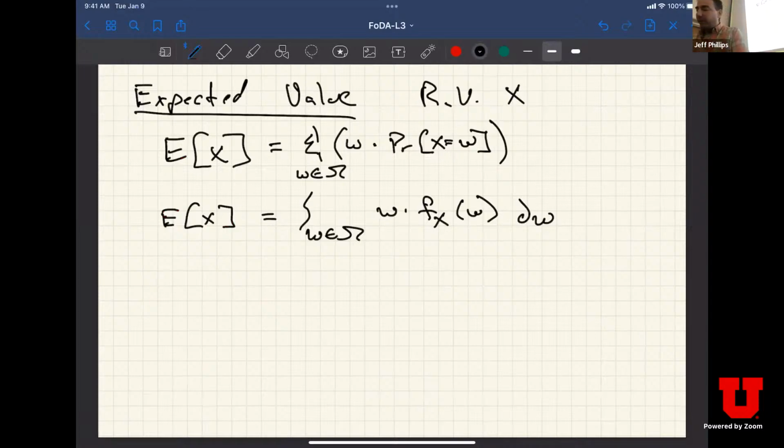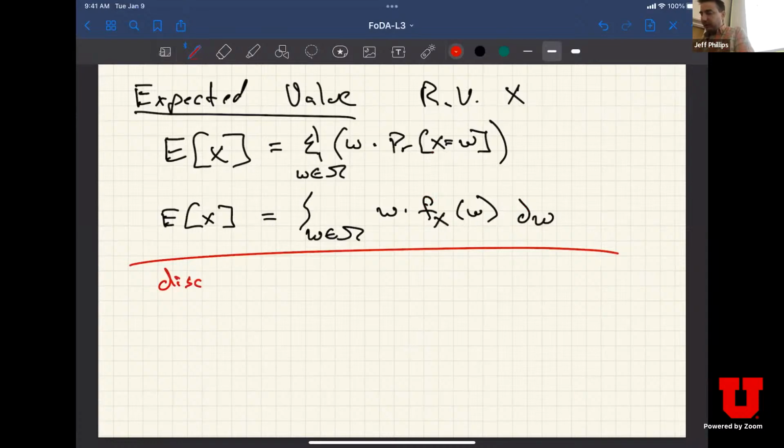So, okay, before we get to an example, how about we start with one example first? Let's start with the discrete X, which is equal to a six-sided die.